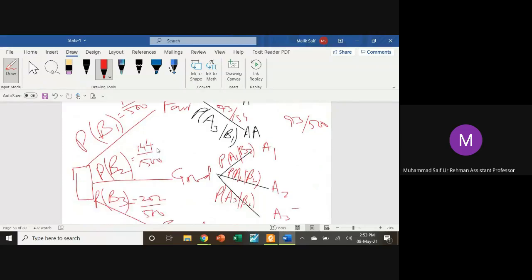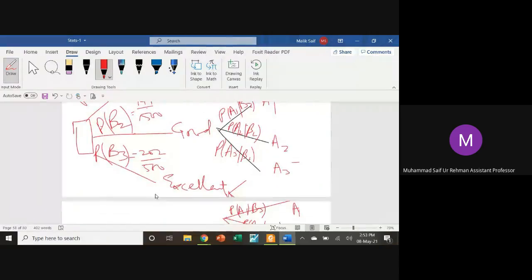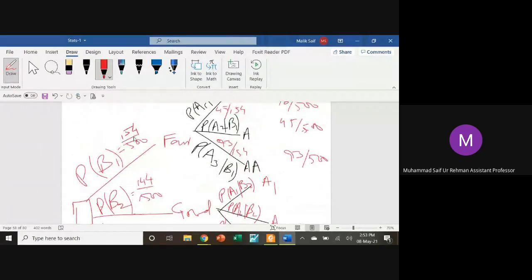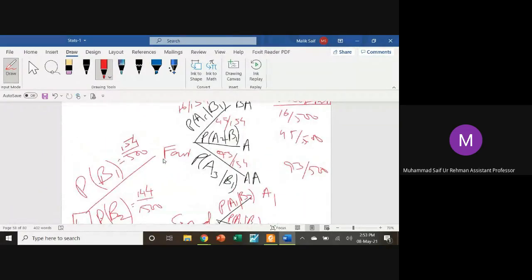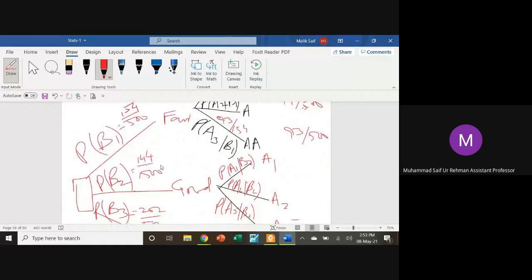Similarly, in this case, what will be the situation? 144, 202, and 154. So the second case is there, 144.